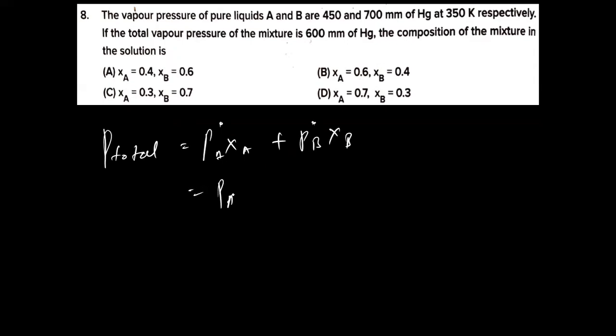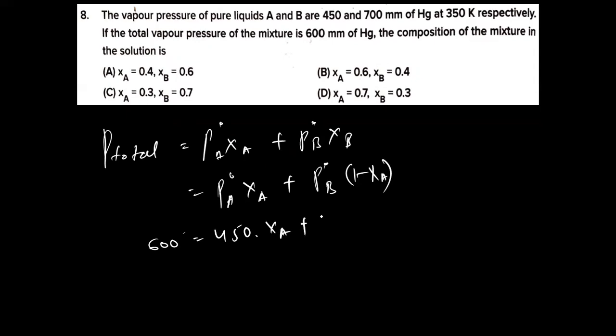On rearranging, we can write XB as 1 minus XA. Then P total is 600, P naught A 450 into XA plus P naught B 700 into 1 minus XA. So on rearranging, we can find out XA, that is equal to 0.4.